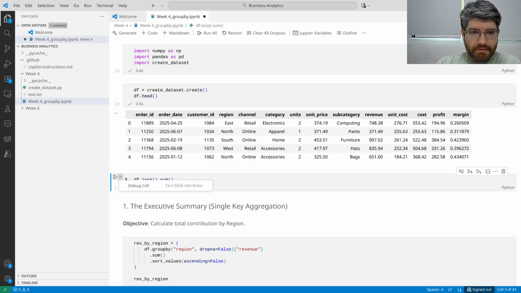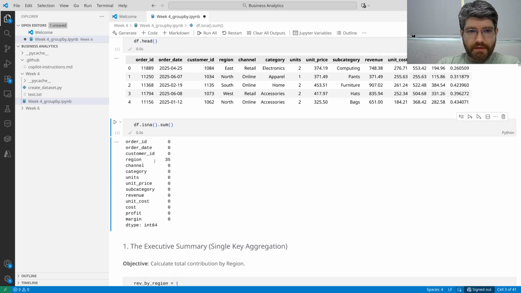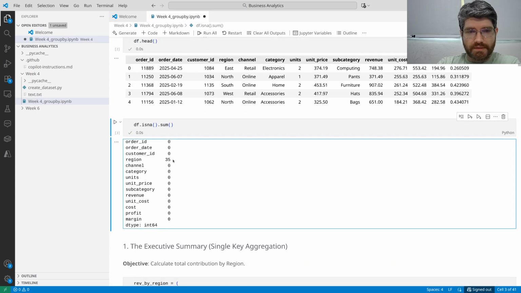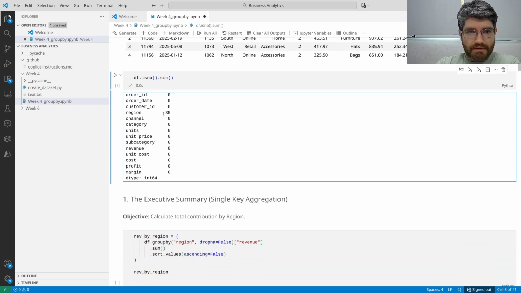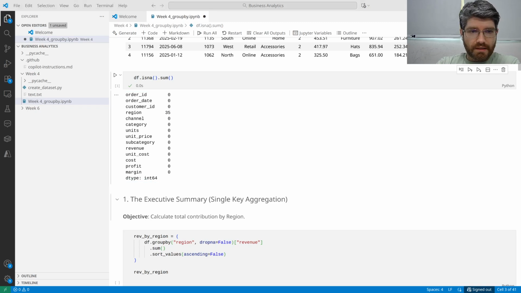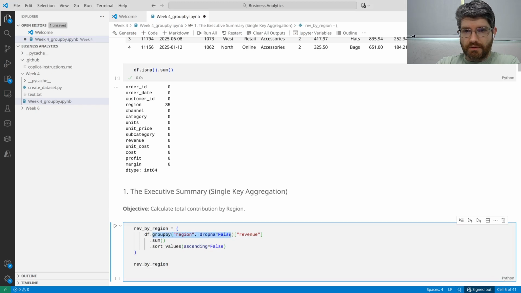So let's first check whether we have any missing values, and we do have some. These comprise around 2% of our data set. Let's produce pattern 1, which is the executive summary. We sum revenue by region. Note that we are using dropna=False.